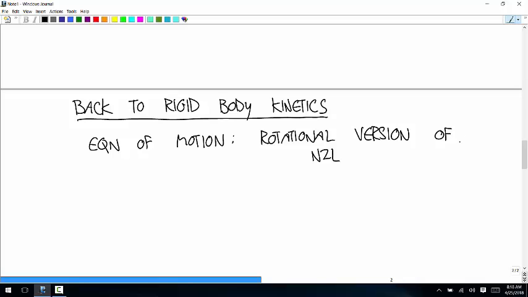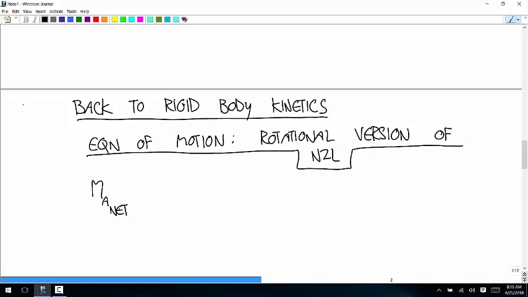You do derive it from Newton's second law. This equation says that if you take all the moments about this point A, that's equal to the mass moment of inertia about A times the angular acceleration.